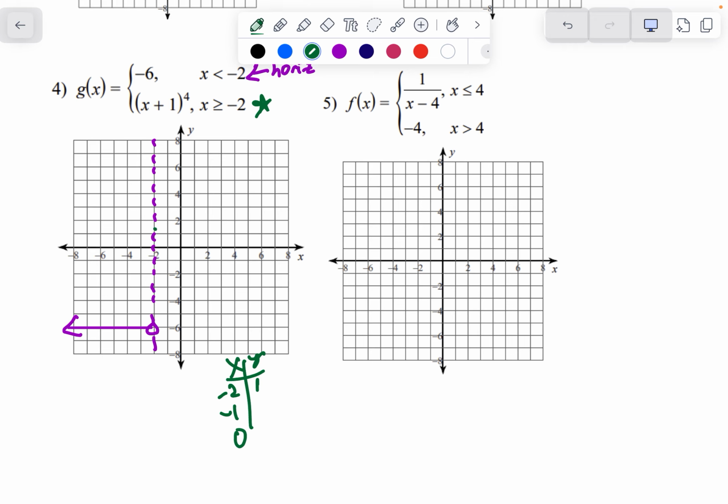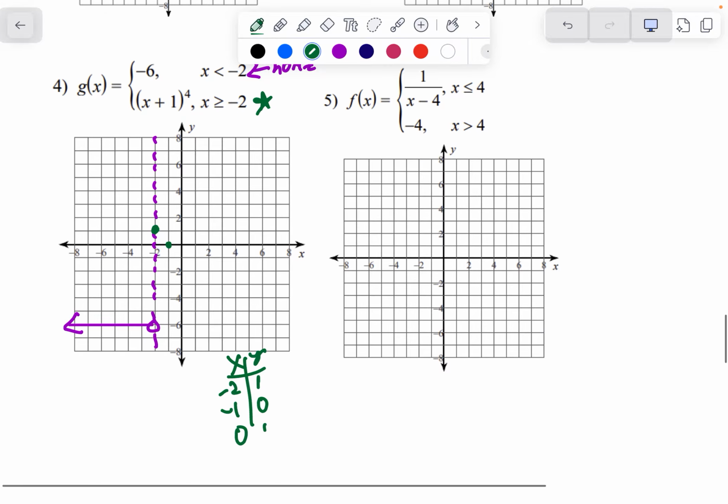So we can put that point on there. If we plug in -1, we get 0. Anything to the 0 to any power is still 0. If you plug in 0, you get 1, and that's 1. So see how it looks like a parabola, just like I expected, okay? So just knowing what something looked like is helpful.